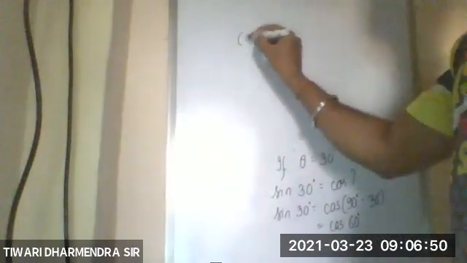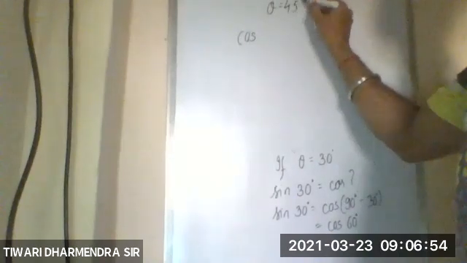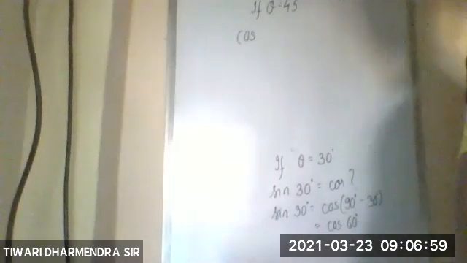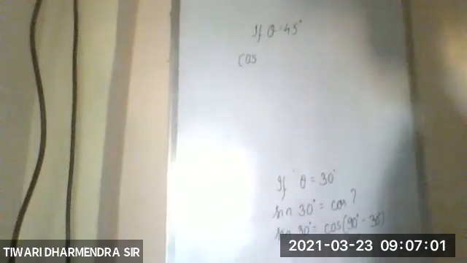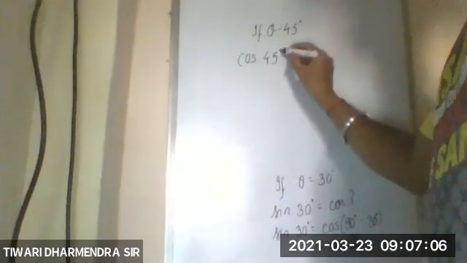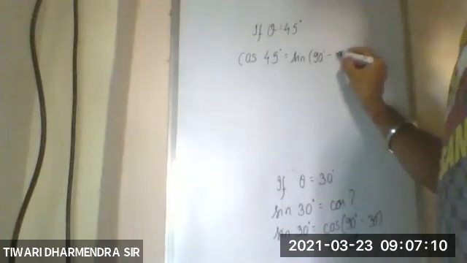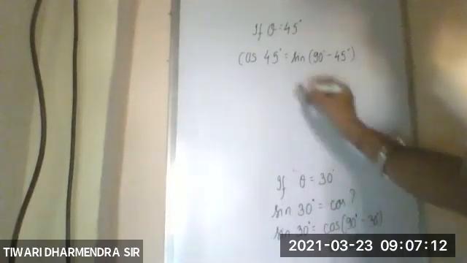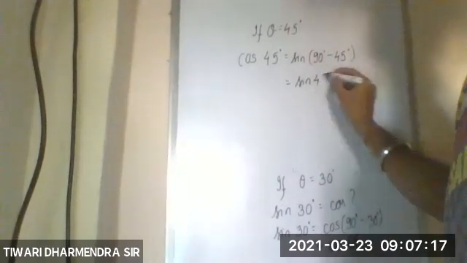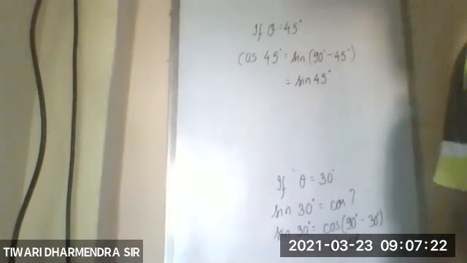Similarly, if theta is 45 degrees, then cos of 45 degrees is equal to sine of 90 minus 45 degrees. So sine of 90 minus 45 degrees is again 45 degrees. So as you can see, cos 45 is the same as sine 45.